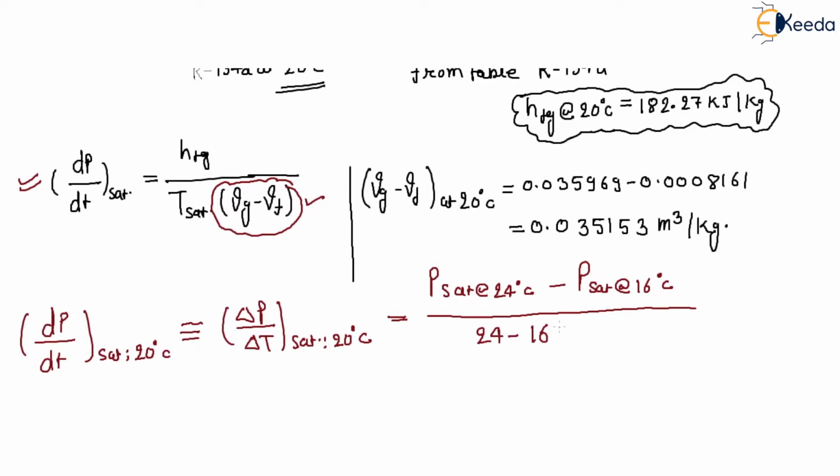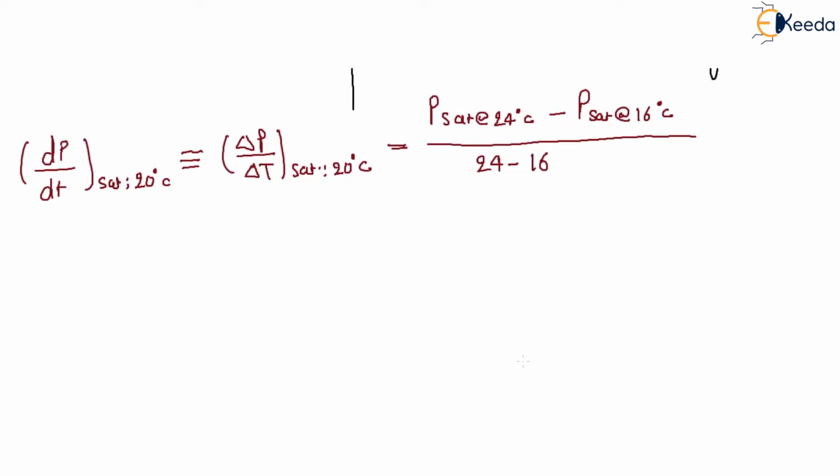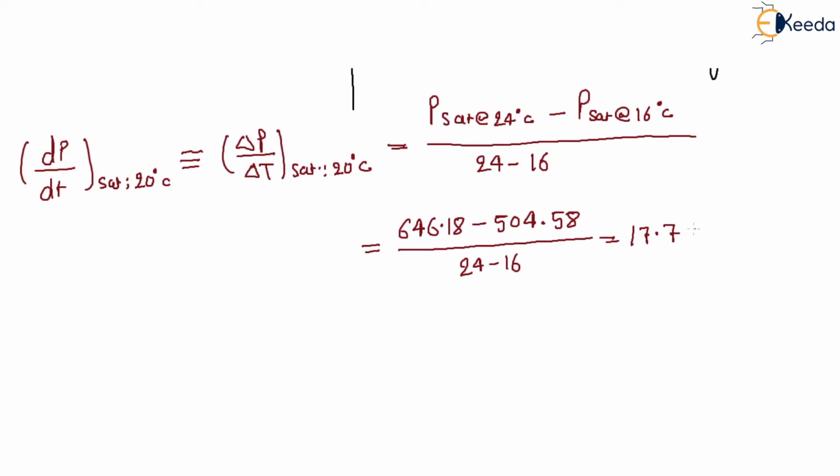Putting in the values, 646.18 minus 504.58 divided by 24 minus 16, this is 17.7 kilopascal per Kelvin.